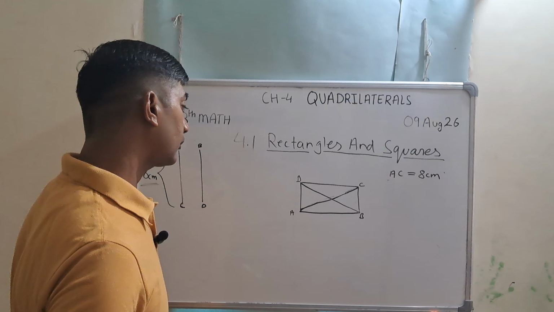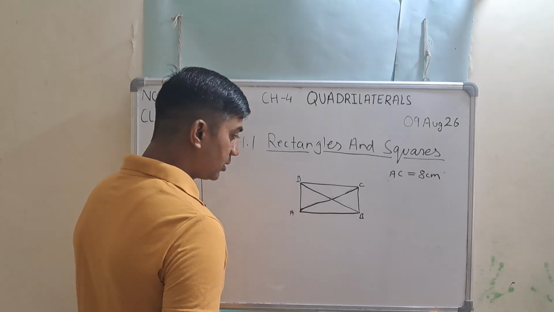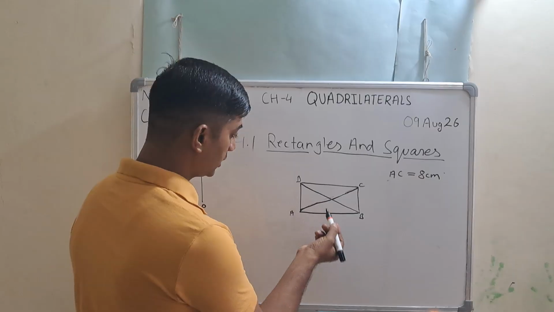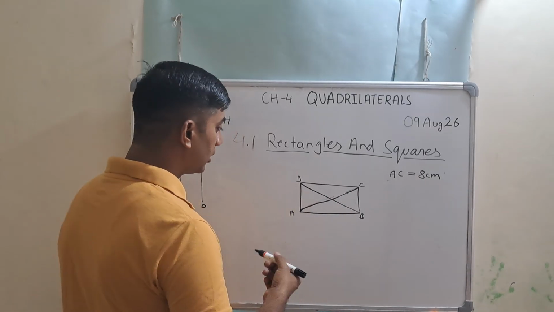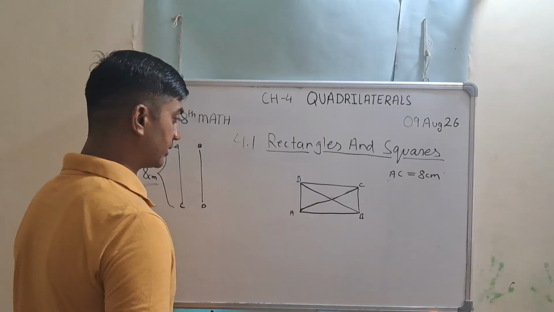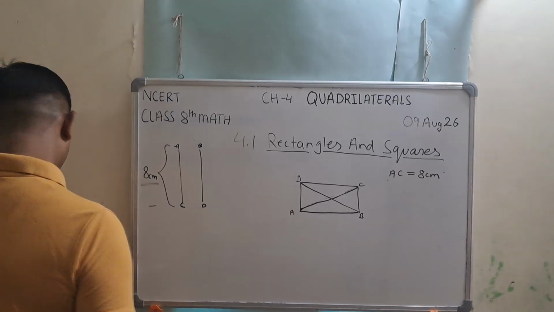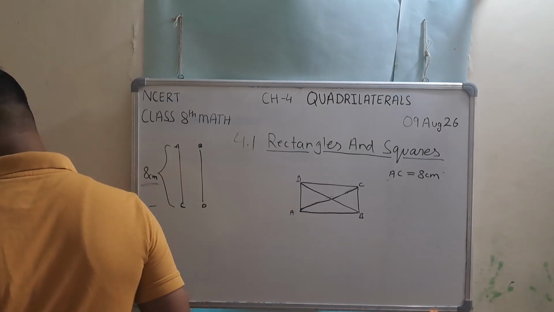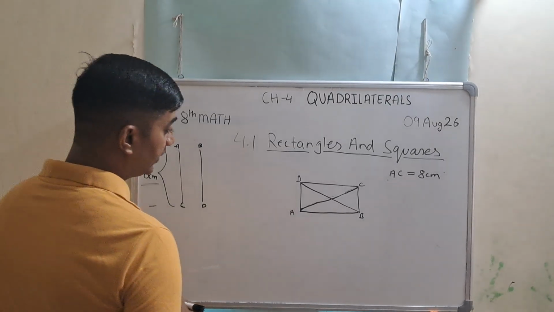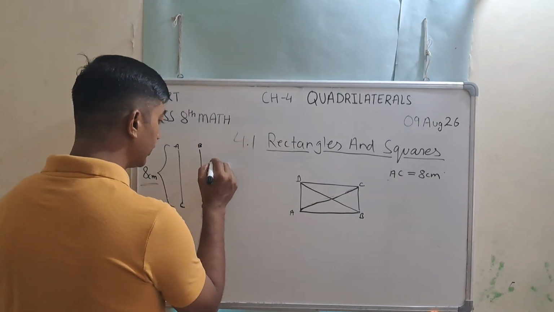See, now in this figure we have triangles. You see 1, 2, 3, 4, and we will deduce a few things. What will we deduce?